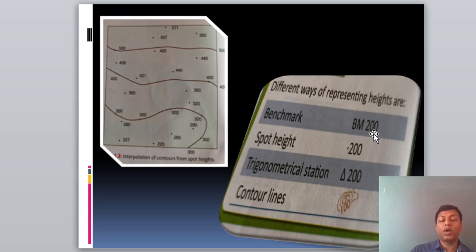BM means benchmark 200. A spot height, dot 200, written on your topo sheet, you can easily understand as spot height. And a triangulated height, a triangulated station, triangle 200, any number. And the contour lines, brown zigzag lines, having a number. I hope it is clear.